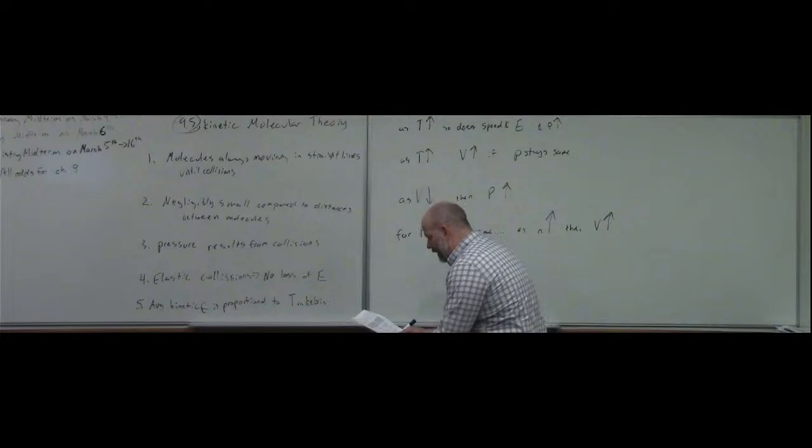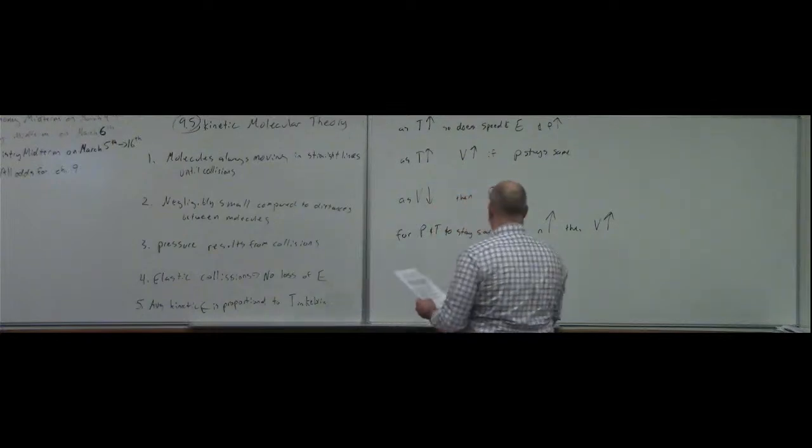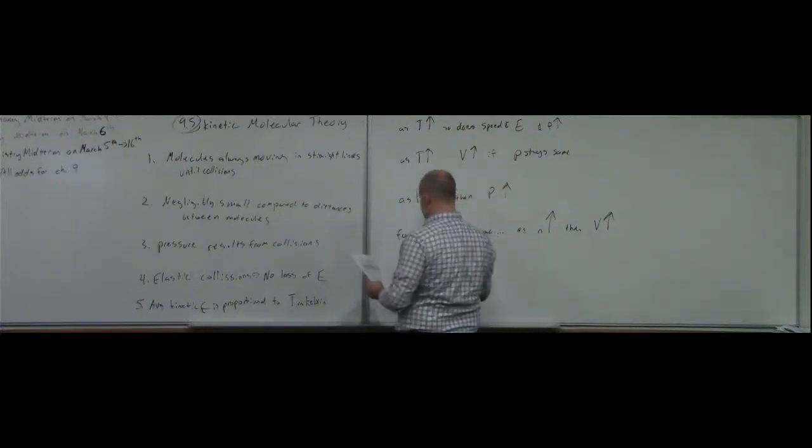In a gas sample, individual molecules have widely varying speeds. However, because of the vast number of molecules and collisions involved, the molecular speed distribution and average speed are constant. This molecular speed distribution is known as the Maxwell-Boltzmann distribution. Let's write that one down. So, Maxwell-Boltzmann.